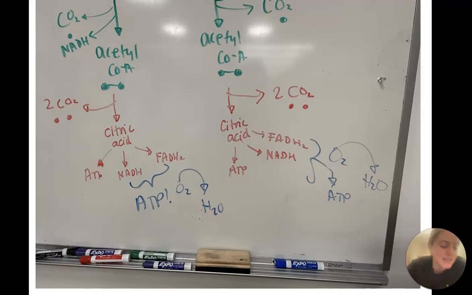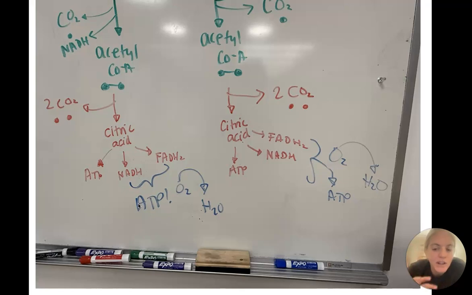So here's basically what happens in the electron transport chain based on the chart. And then like usual, I'll show you the word version. So all the NADH and FADH2 from the Krebs cycle, the intermediate reactions, and even the NADH produced in glycolysis, all of those NADHs and FADH2s are going to carry high energy electrons and drop them off at the electron transport chain.